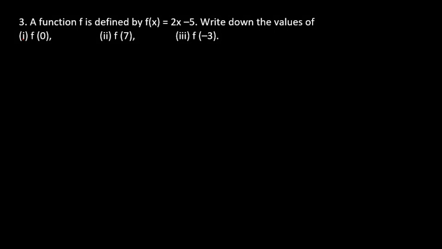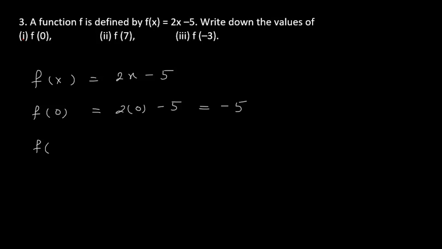A function f is defined by f(x) equals 2x minus 5. Write down the values of f(0), f(7), f(minus 3). Now f(x) is given as 2x minus 5. First I will find f(0). So f(0) will be 2 into 0 minus 5, which is equal to minus 5. Then I will find f(7). In this function, in place of x I will replace 7.